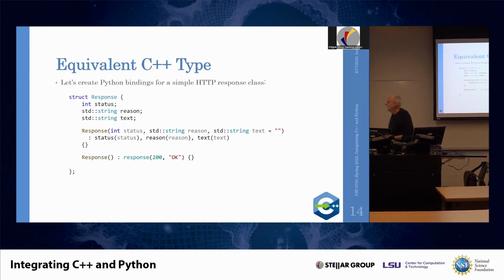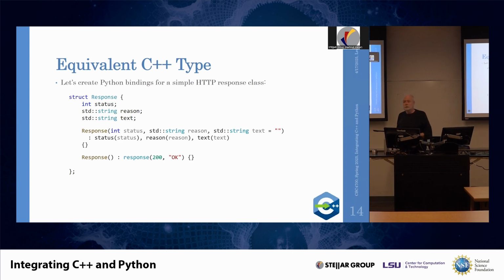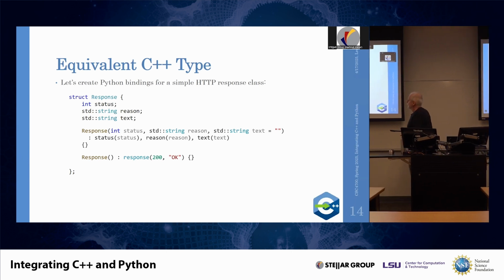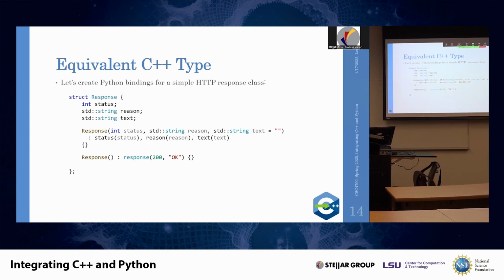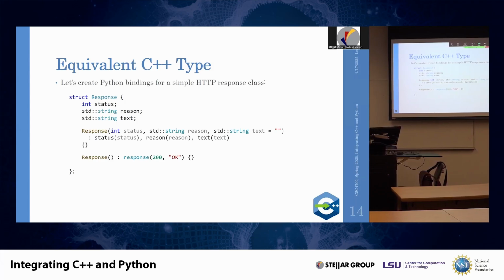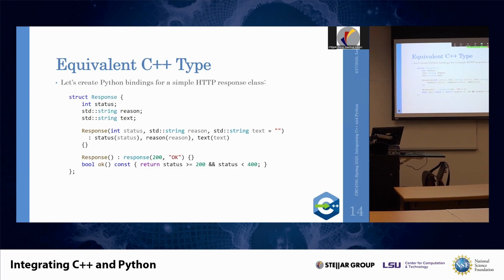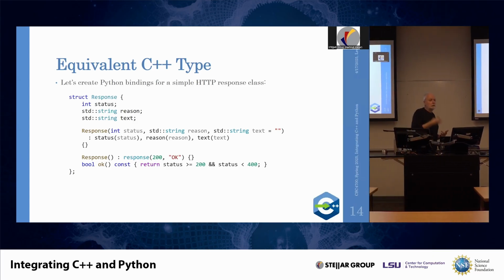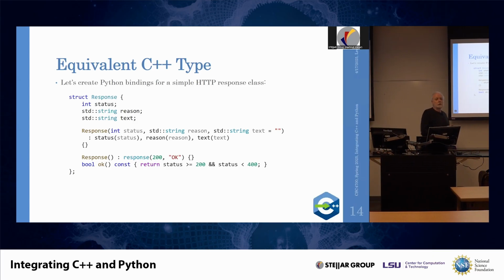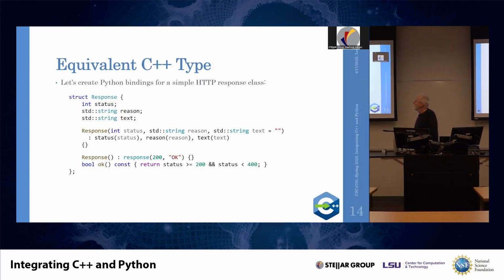Just for the sake of it, I added a default constructor which initializes the Response object, sorry, that should be a capital R here, to 200 and OK. And that OK function, which we will wrap into a Python property so that we can read it.